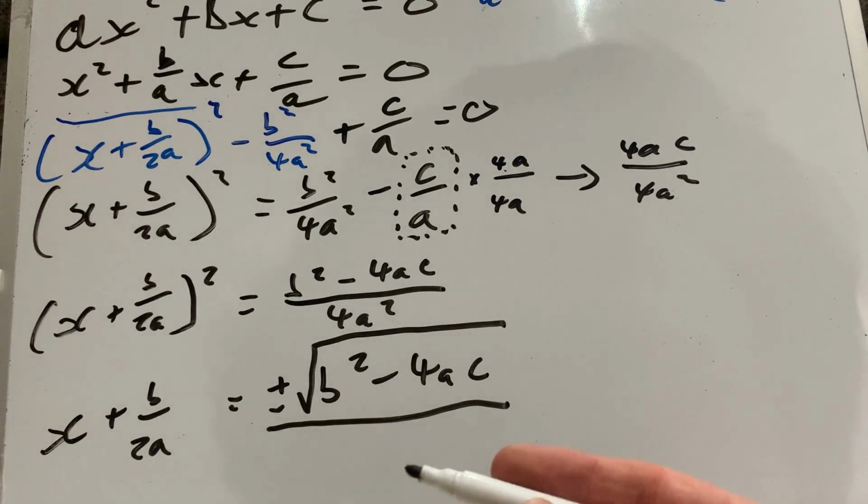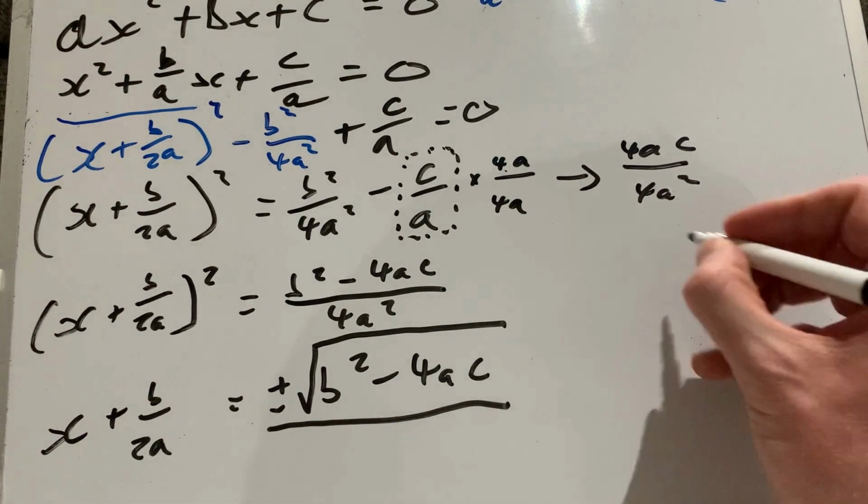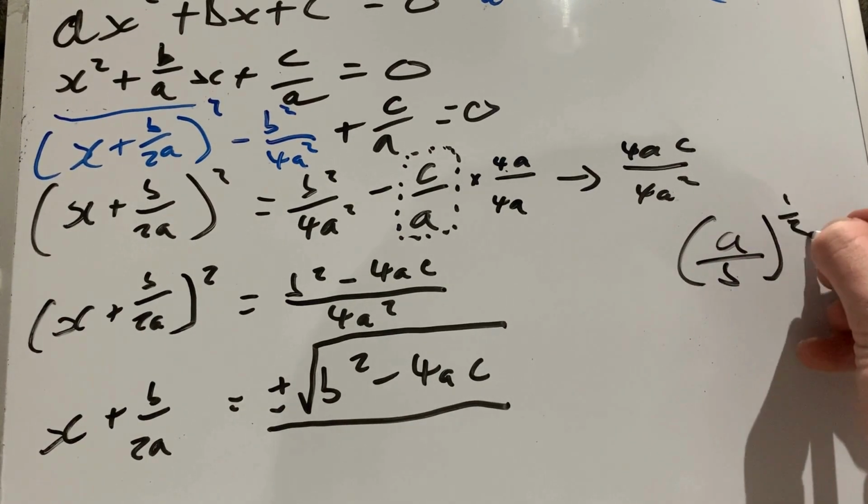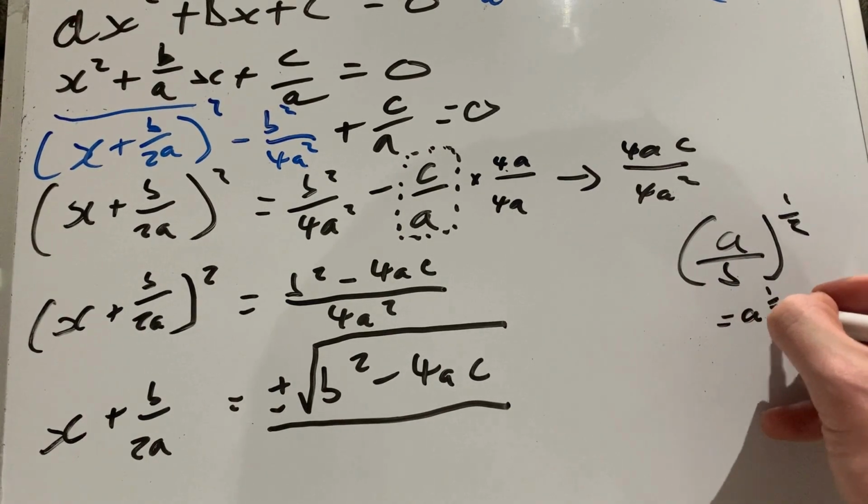And that's just a special case of the laws of indices. Like if you had a over b, and you did that to the half, that's just going to equal a to the half over b to the half.